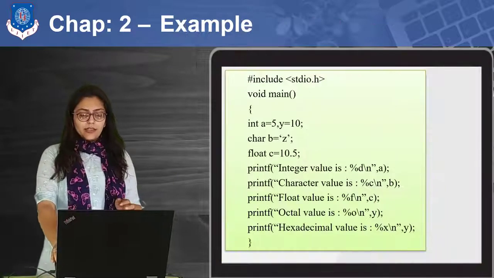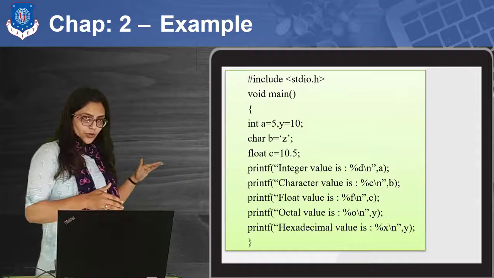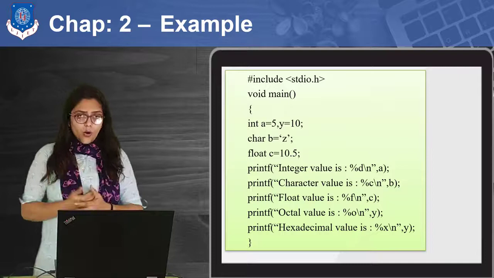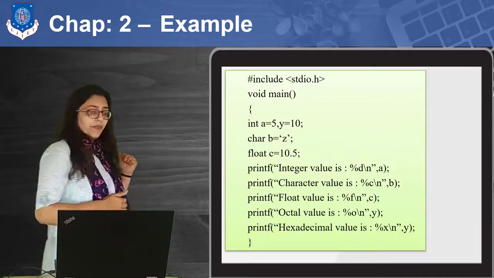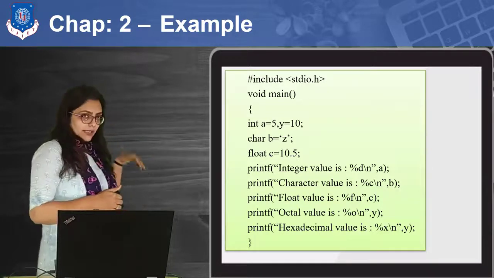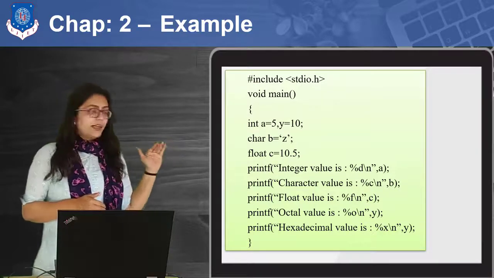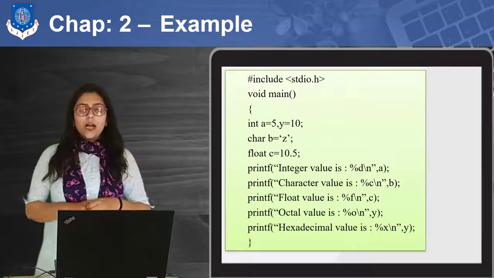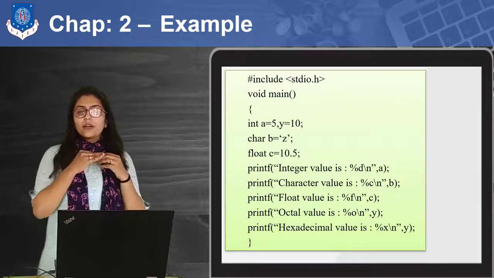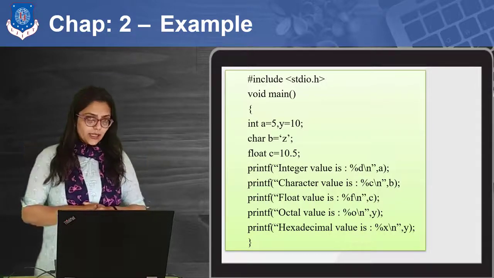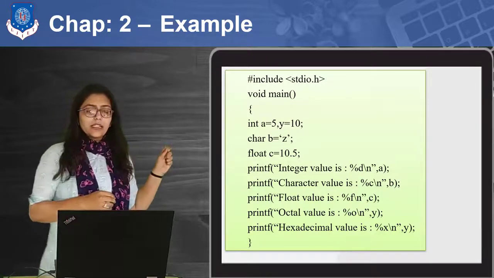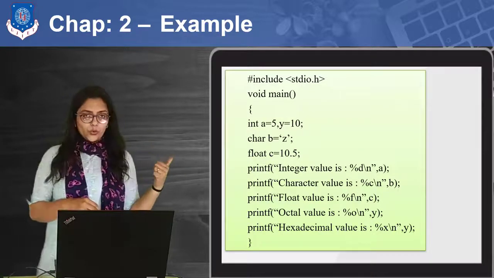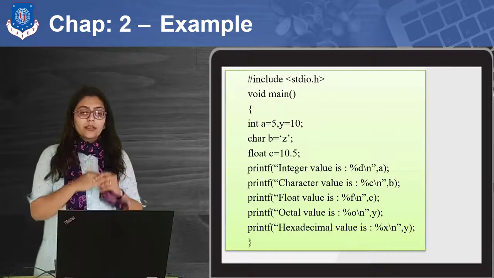Now what is next? Here I have given an example code. You can also run this code in your IDE and see the output. In this code I have defined a equal to 5 as an integer value and y equal to 10 as an integer. Then character b equal to 'z'. As z is initialized as a character value, it is enclosed between single inverted commas, because whenever you declare or initialize a character, it must always be enclosed within single inverted commas.